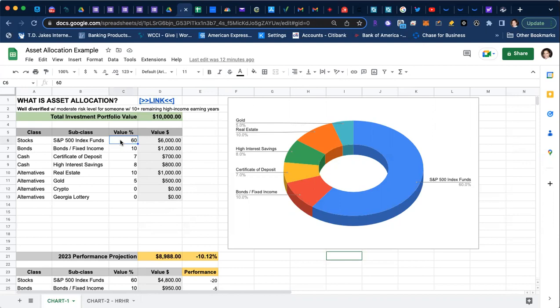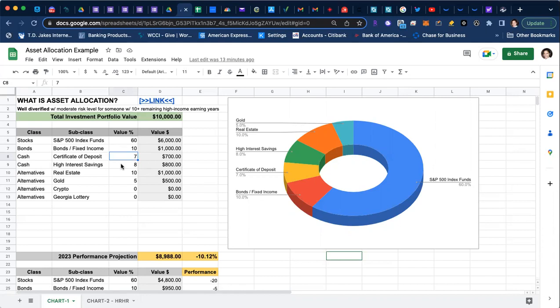If this is well diversified, in my opinion, it looks similar to this. 60% of that value, which is $6,000, has been allocated to the purchase of stocks, and not just any stocks, but in the category of S&P 500 index funds. 10% of that portfolio in bonds, and then 15% in cash.